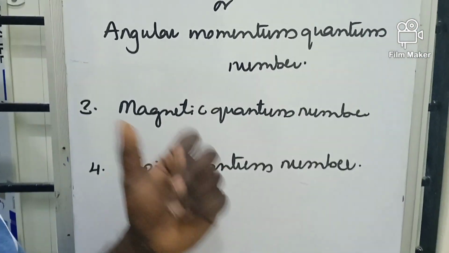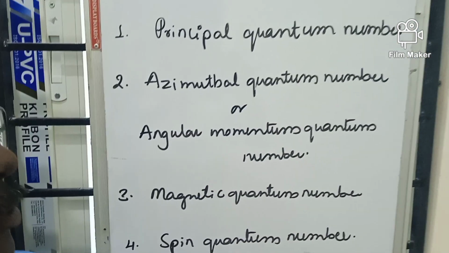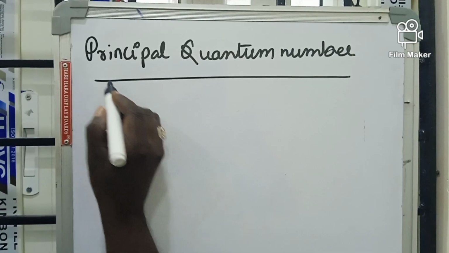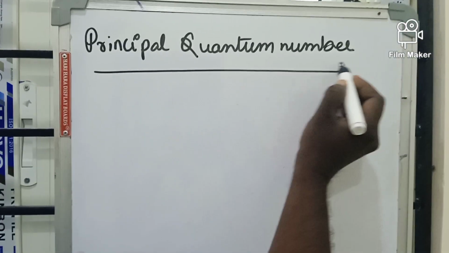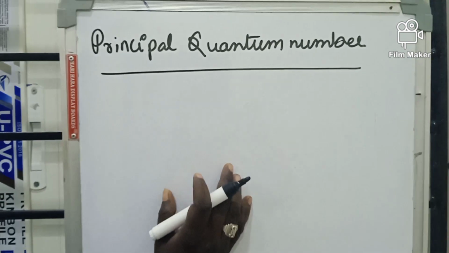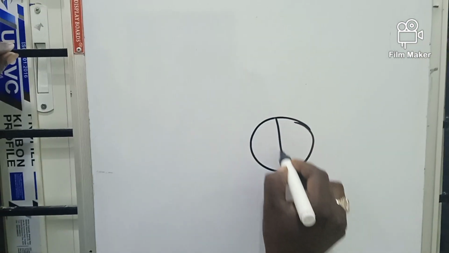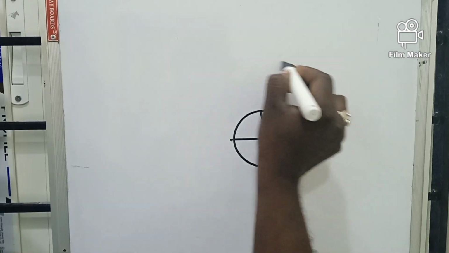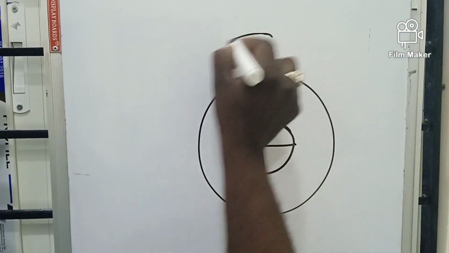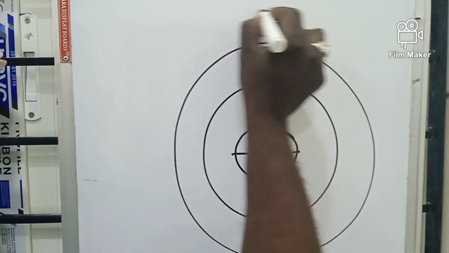So let's discuss all types of quantum numbers one by one. Principal quantum number. Suppose this is the nucleus and electrons are revolving around this nucleus in these specified paths.